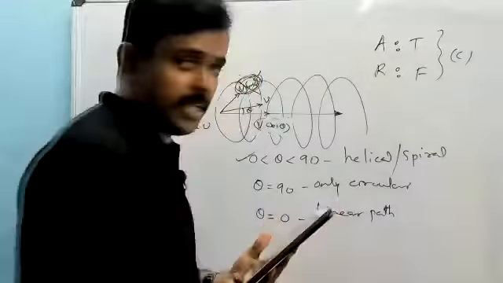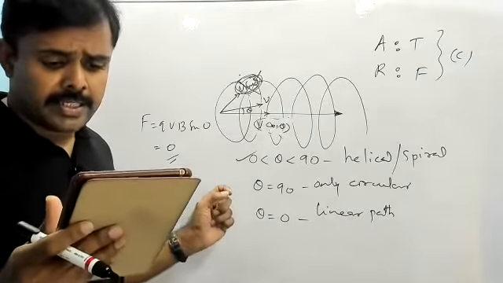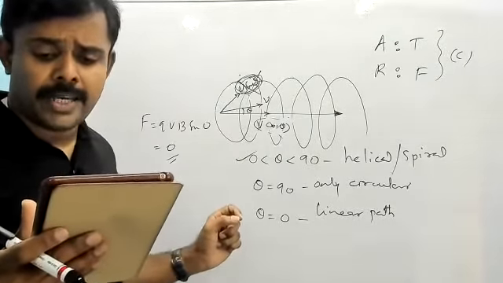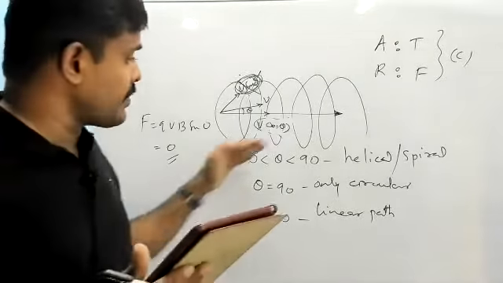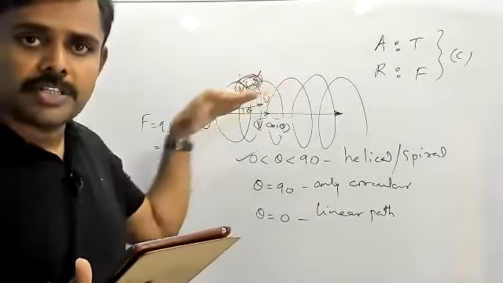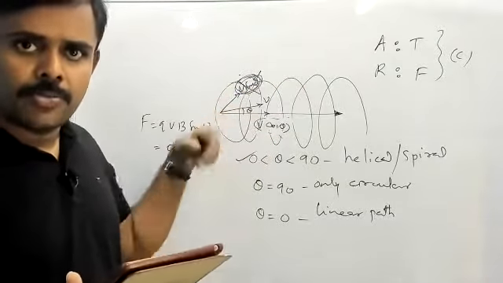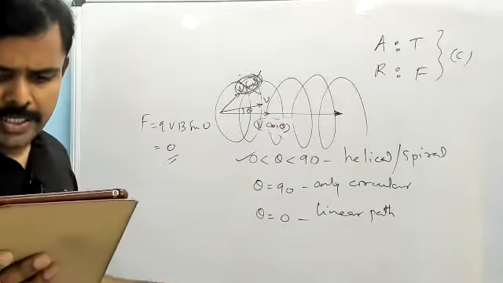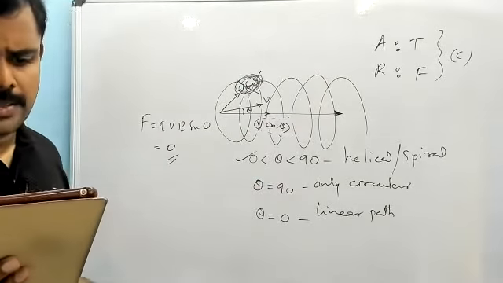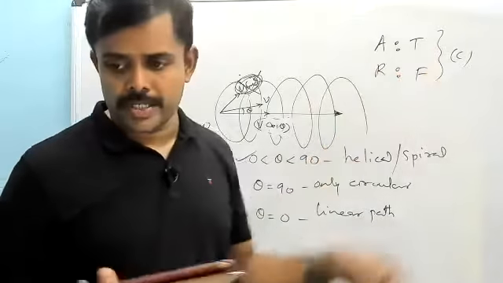Answer is option C. The second statement says a charged particle entering a uniform magnetic field with a velocity making an angle theta with the magnetic field. If it is making a non-zero, non-90 angle, it obviously creates a helical path. But what they say is a straight line path. That's wrong. So the correct answer is option C.